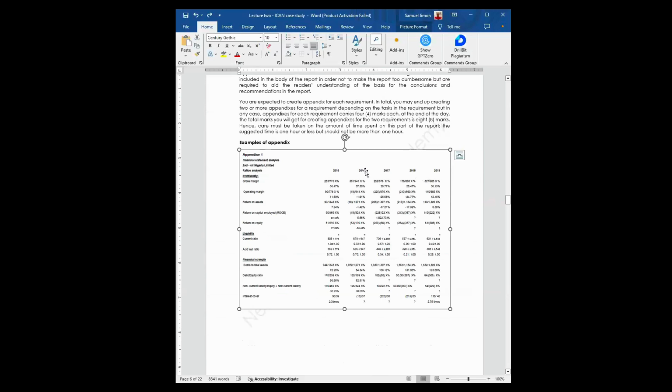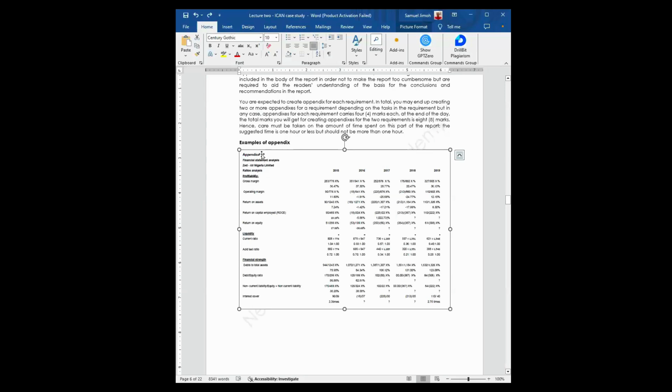We have 2015, 2016, 2017, 2018, 2019, and the figures are well spelled out, and the final figure is here. In fact, sometimes you can put your formula here, right? You put the formula of the ratio here, and you present everything very neatly.